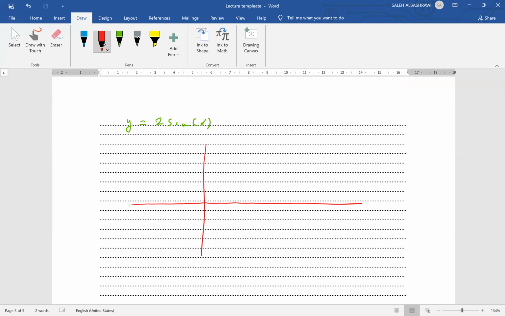So again, I have 2, 1, this is 1, this is 2. Down, this is minus 1, this is minus 2. The points are 0, then pi over 2, then 1 pi, 3 pi over 2, and 2 pi.